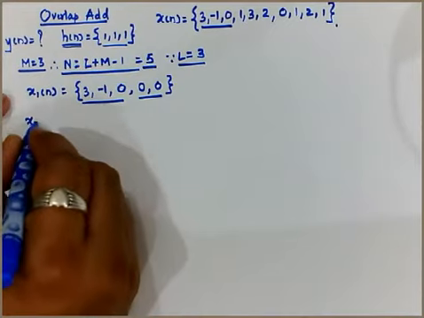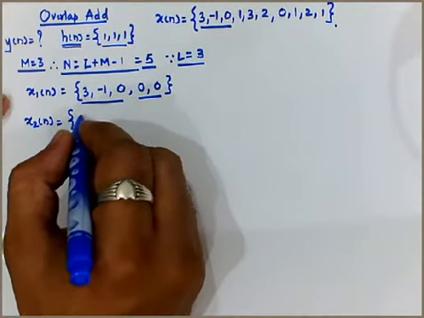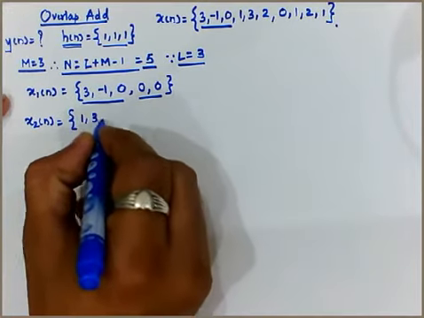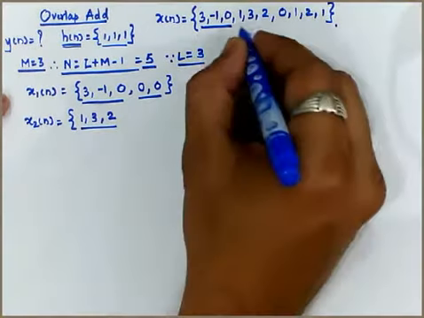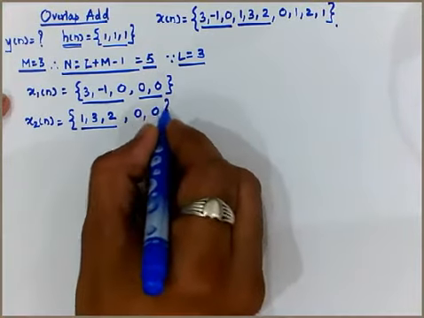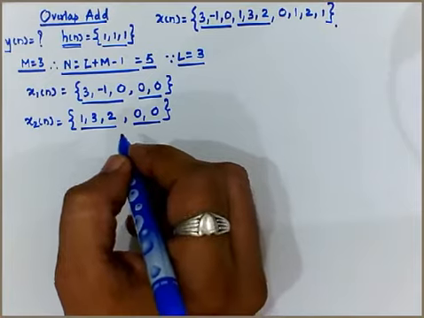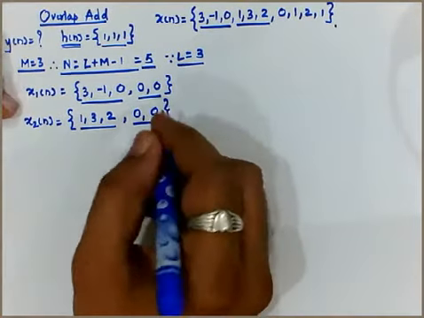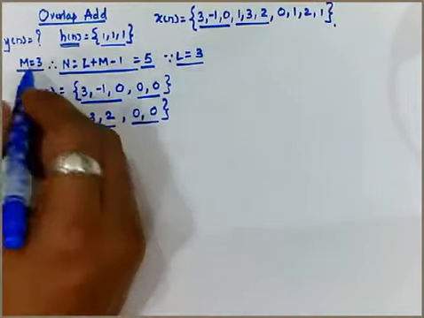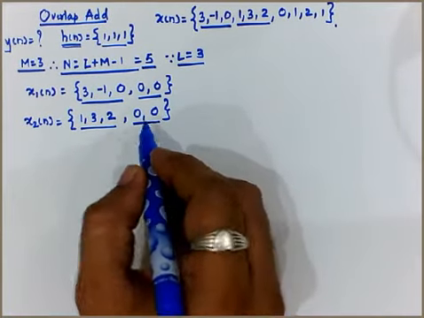Next is x2 of n, where the next 3 values will be considered, that is 1 3 2, and the appended values are again zeros. It is not overlap which we have seen earlier. Right now it is M minus 1 zeros. M is 3, so 3 minus 1, 2 zeros will be appended.